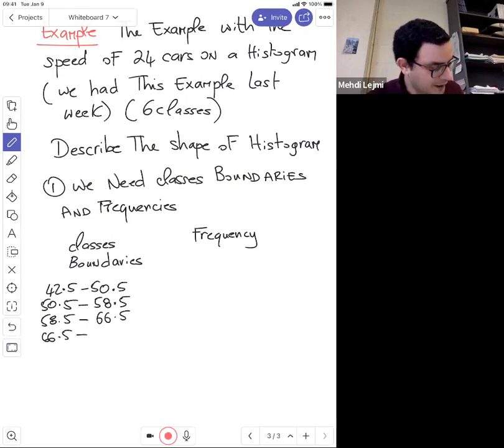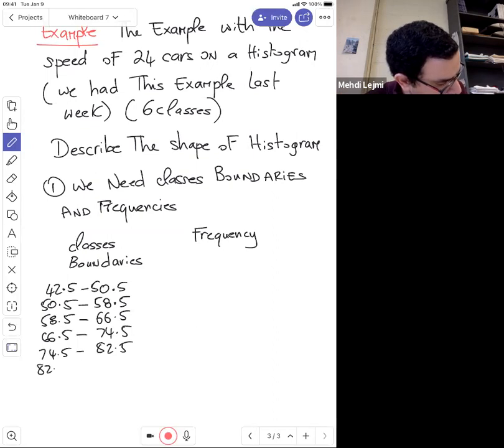So these are our class boundaries, and again, these numbers are from the example we had last week. Then 66.5 to 74.5, then 74.5 to 82.5, and 82.5 to 90.5. So we had 6 classes.